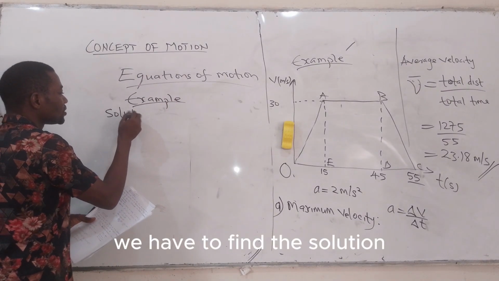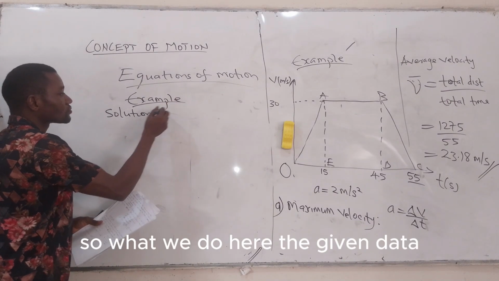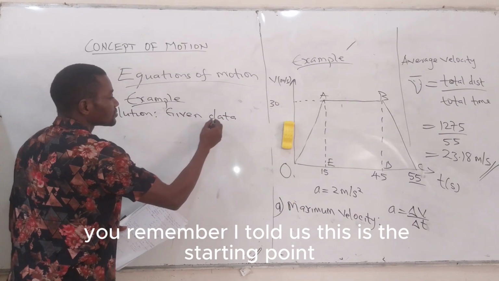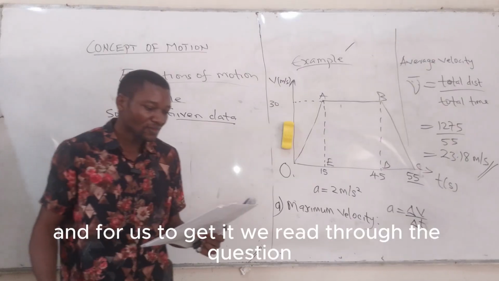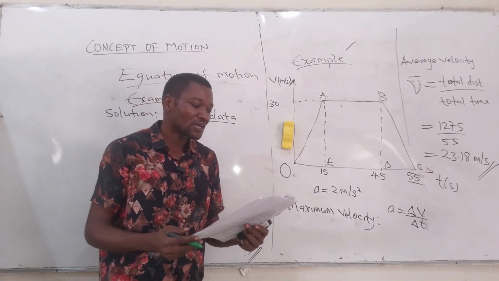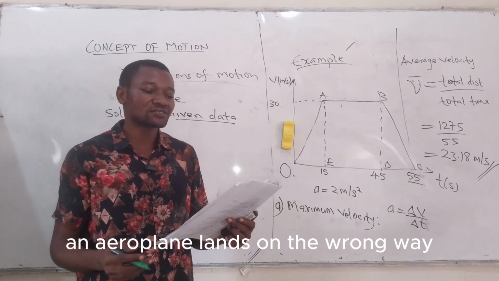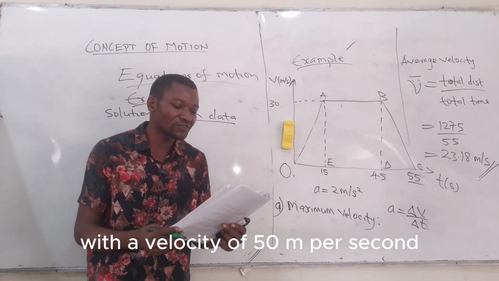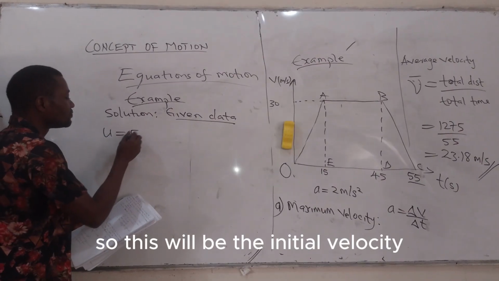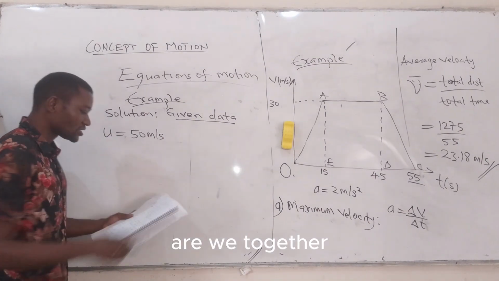Solution, we have to find the solution. So what we do here is the given data. You remember, I told us this is the starting point, and for us to get it, we read through the question. An aeroplane lands on the runway with a velocity of 50 meters per second. So this will be the initial velocity. Are we together?